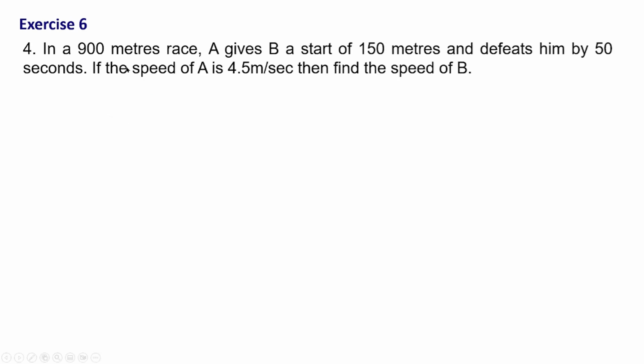Next question. In a 900 meters race, A gives B a start of 150 meters and defeats him by 50 seconds. If speed of A is 4.5 meters per second, then find the speed of B. Here the start A gives B is 150 meters and the time by which A defeats B is 50 seconds.